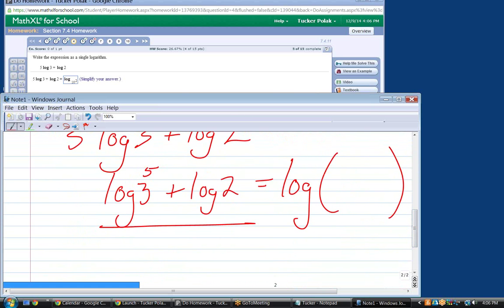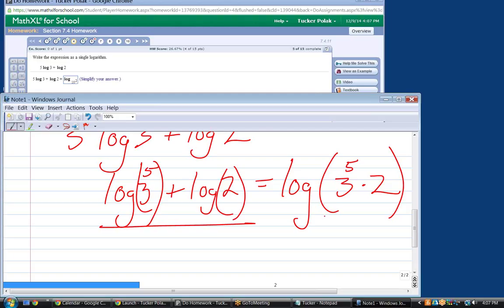So here we have the log of 3 to the 5th plus the log of 2. So what single log function is that going to be? Well, are you just adding them then? Multiplying. In other words, if they're separated and you put it back together again, you multiply them. So it's 3 to the 5th times 2. So it'd be log 5 to the 5th power? No, log of... or 6, sorry.